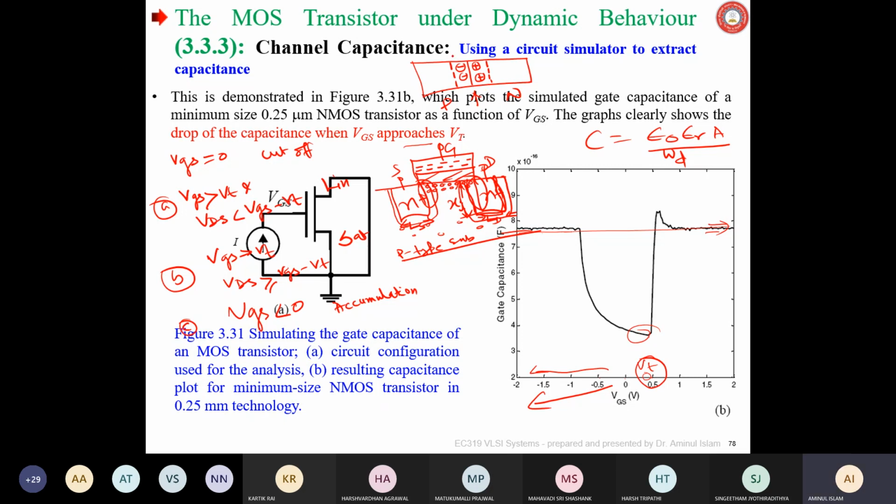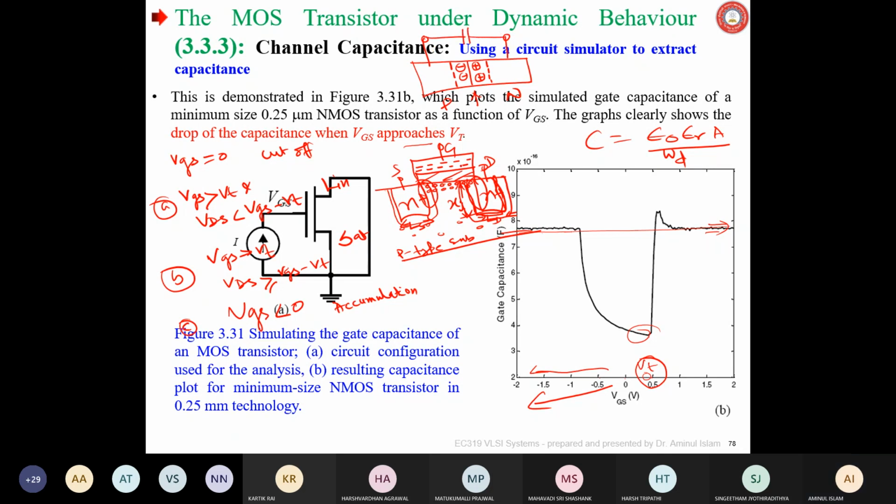So a capacitance is formed between these two plates. There is one plate, let me denote it in this way, there is a second plate, and there will be capacitance in between.